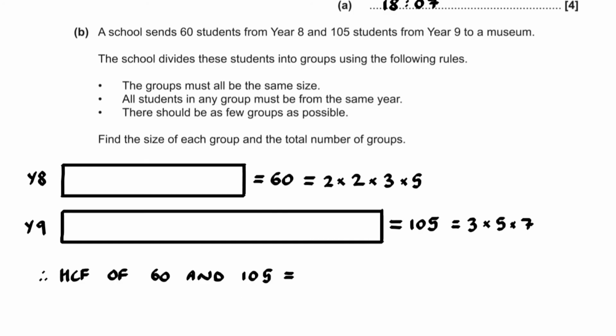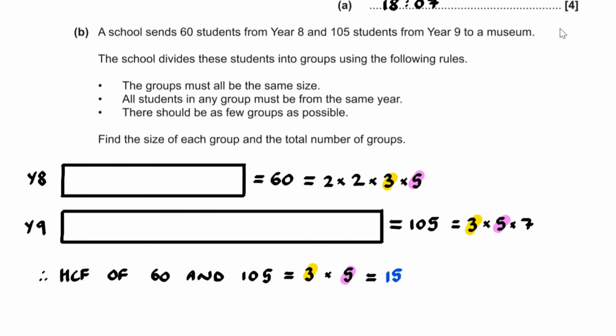So when we come to find the highest common factor, well, we've got the 3, which is common to both, and then we've got the 5, which is common to both. So we've got 3 times 5, and that's equal to 15.